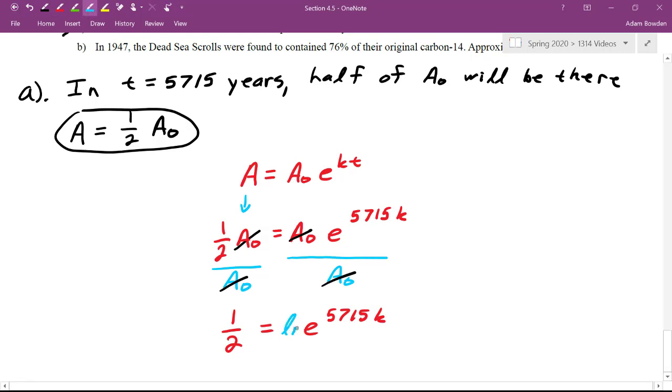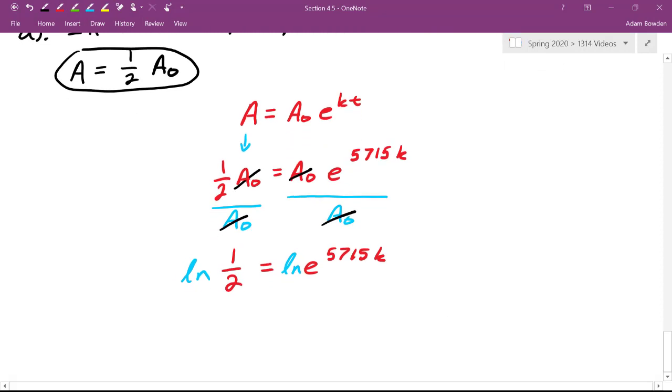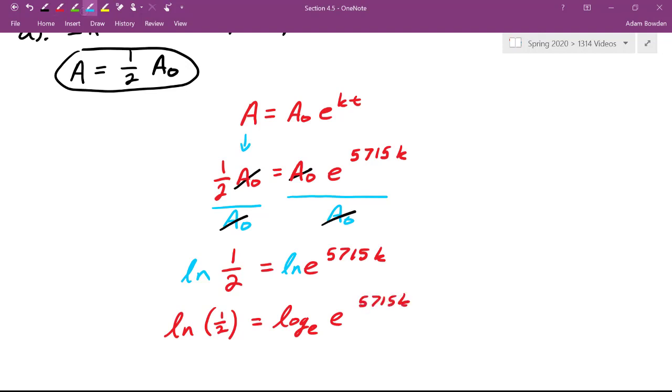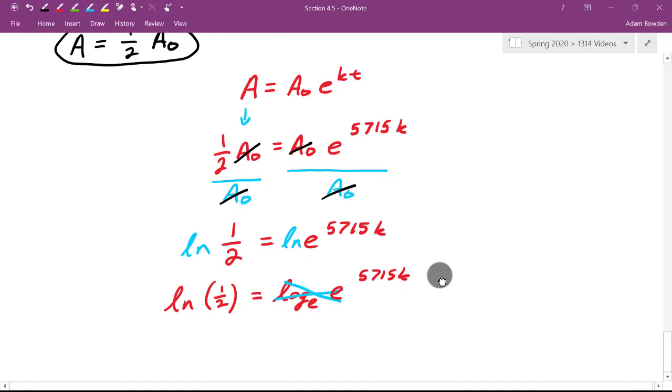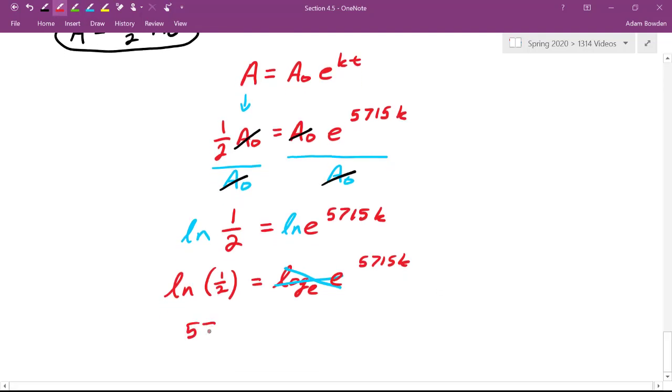Now what I'll do is take the natural log of both sides. So we have here ln of 1/2 equals, keep in mind again, ln is log base e, so log base e is going to cancel out with the e, and we'll be left with 5,715k equals ln of 1/2.